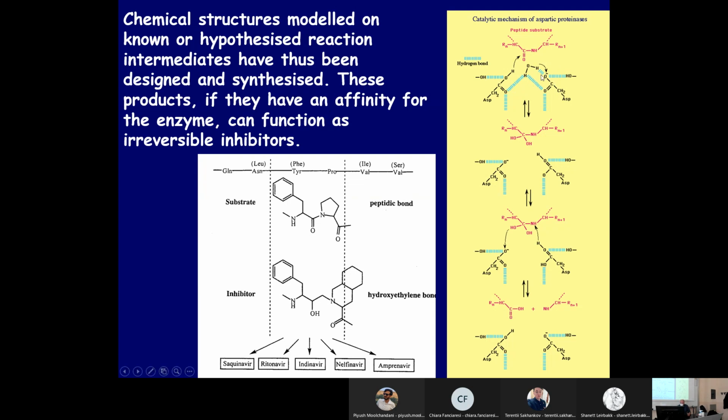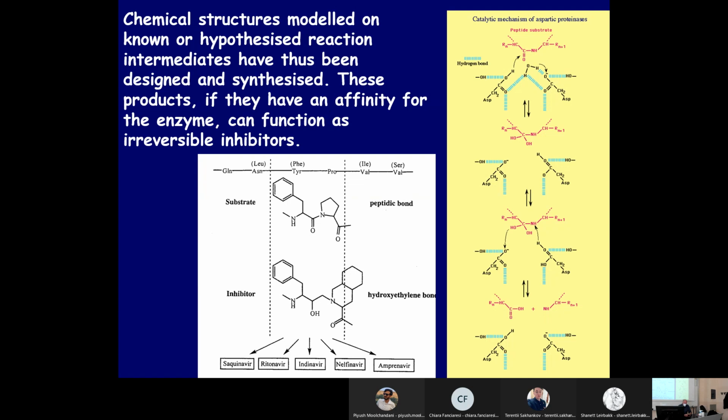There is also a water molecule in the active site, and so you can see the formation of this geminal diol. Geminal diol is not so stable. It's a hydrated form of a ketone, not stable. And you see that after the formation of this diol, you can see the hydrolysis of this peptidic bond.